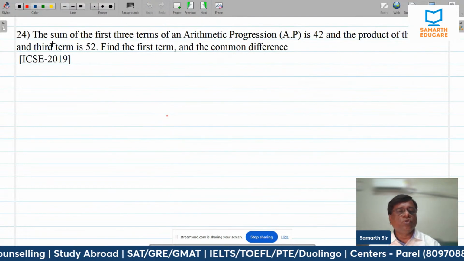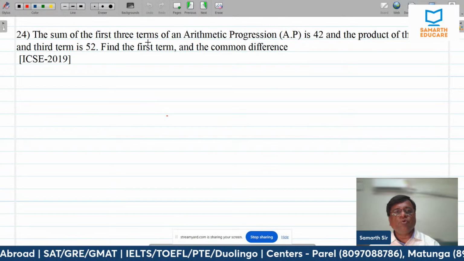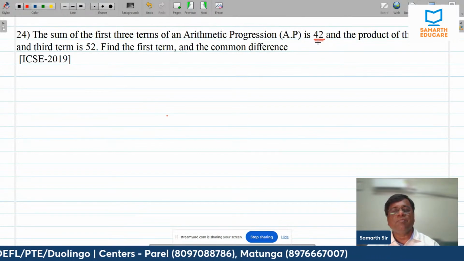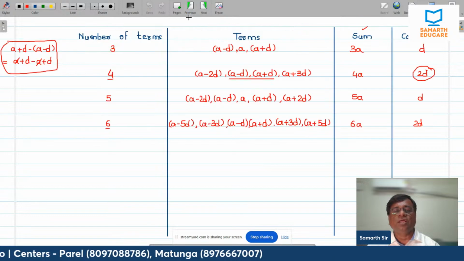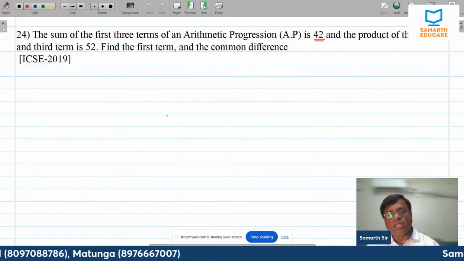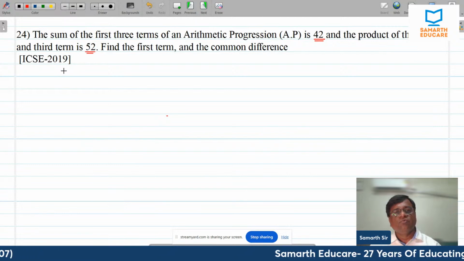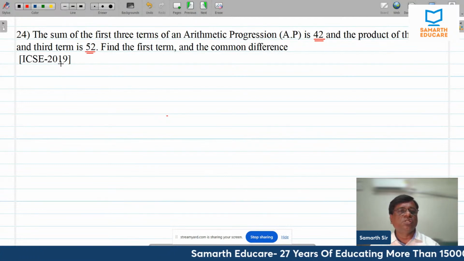Now look at the question. The sum of the first three terms of an arithmetic progression is 42, and the product of the first and third term is 52. Find the first term and common difference, as usual, like we did in the first class.